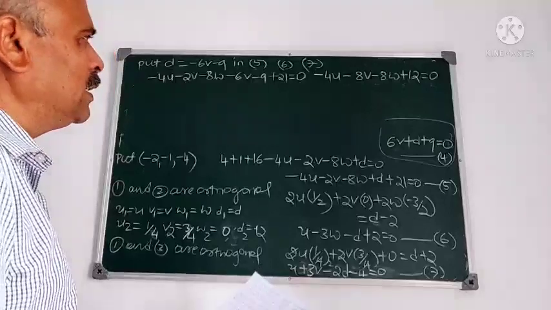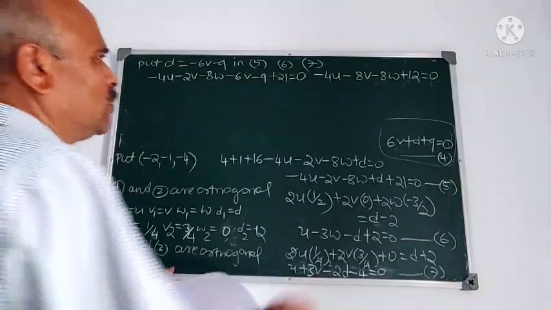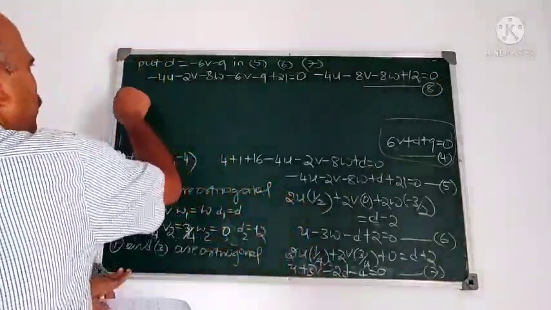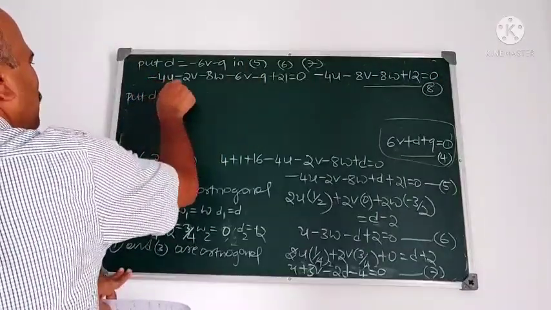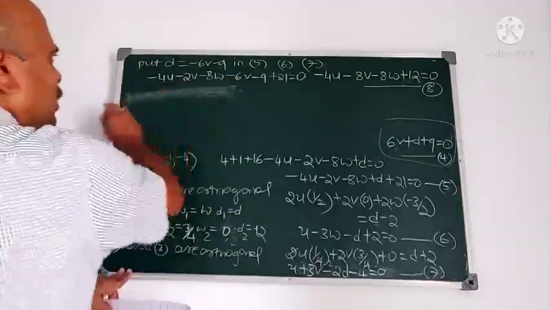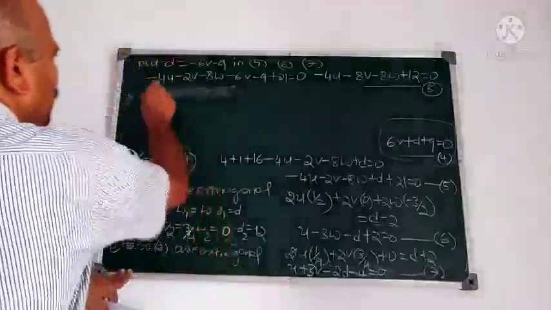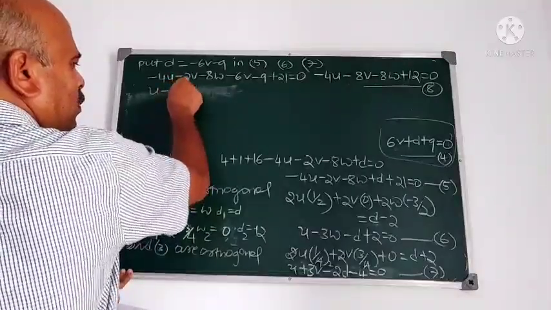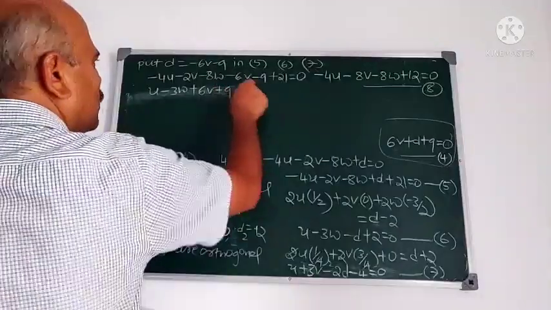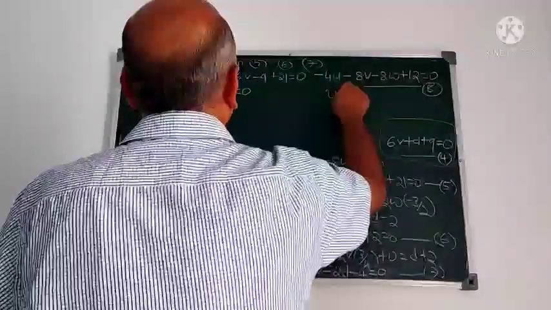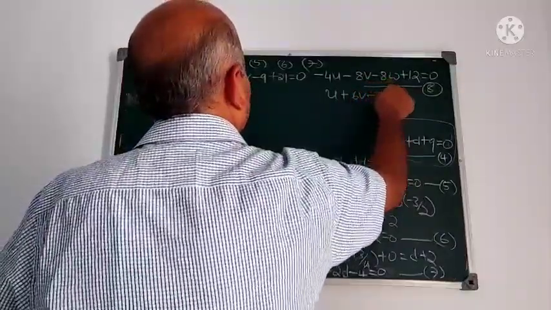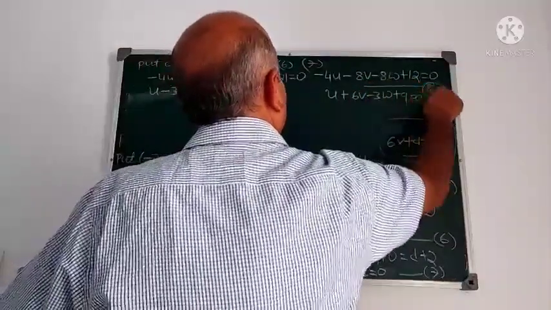Minus 4u minus 8v minus 8w plus 12 is 0. Take this as 8 and put d is equal to minus 6v minus 9 in 6. What do you get? u minus 3w minus d, therefore plus 6v plus 9 is equal to 0, or u plus 6v minus 3w plus 9 is equal to 0.